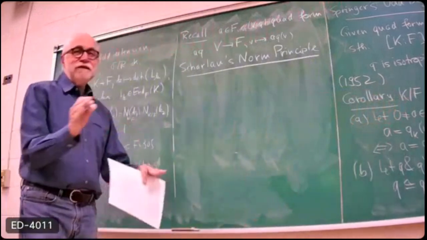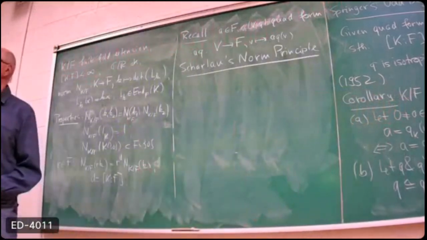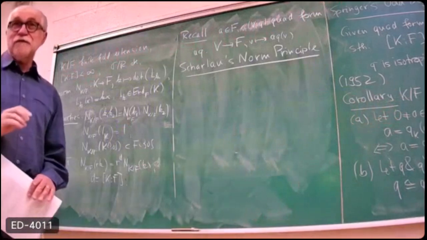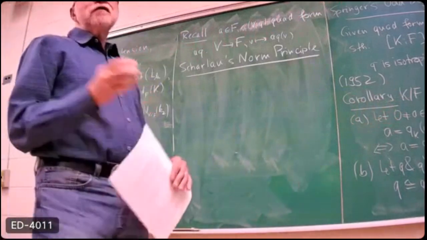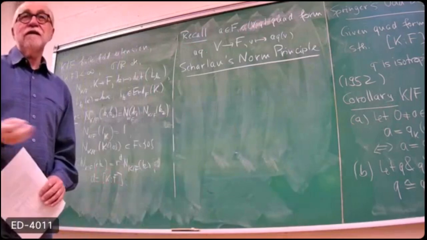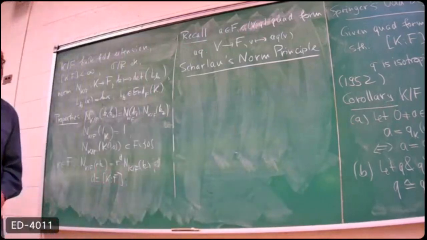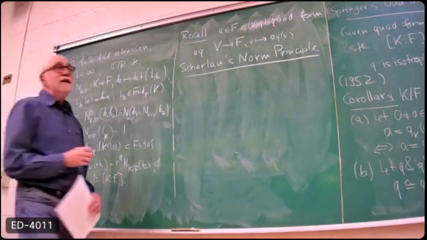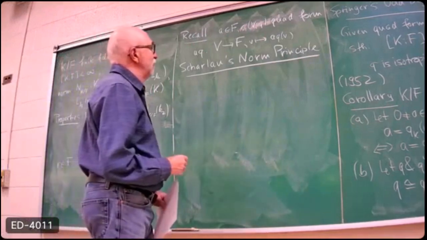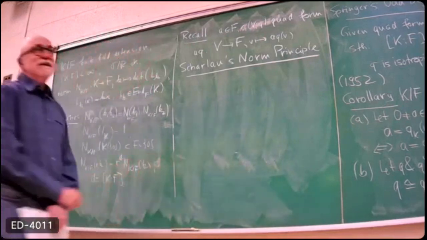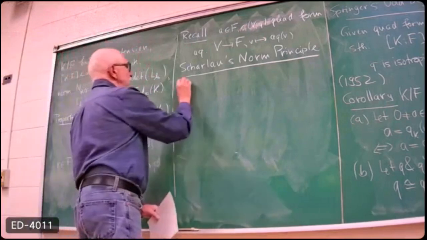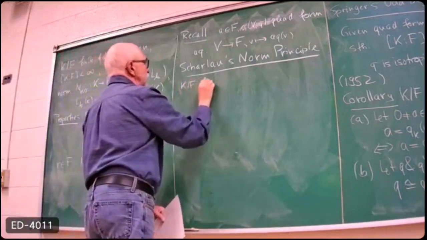I think then later on he switched area. He became interested in the history of mathematics, and he's famous for having written the biography of Hilbert, in 3 volumes. So, okay. So we take K over F, a finite field extension.